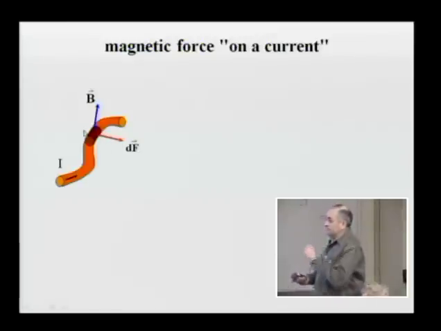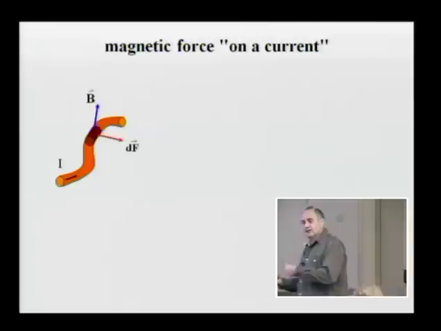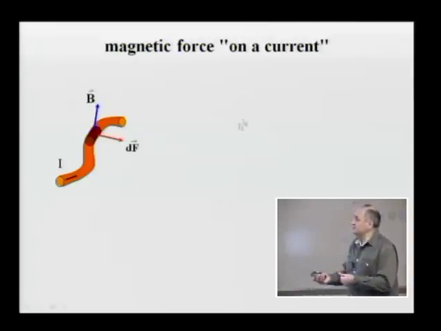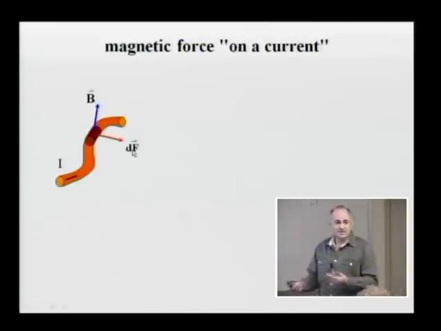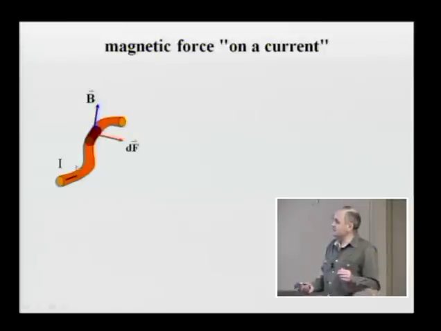And well, all of those charge carriers which are in this volume will experience the magnetic force. They will be pushed by the magnetic field in this particular direction, and we can recognize why it is in this direction. So let's think that we have positively charged particles traveling through this segment.